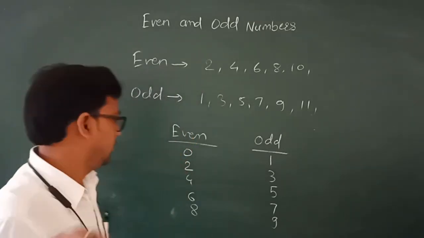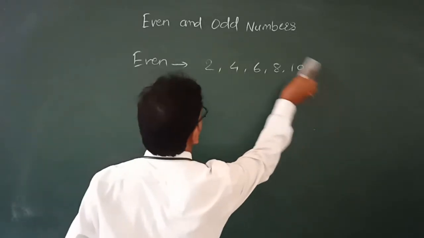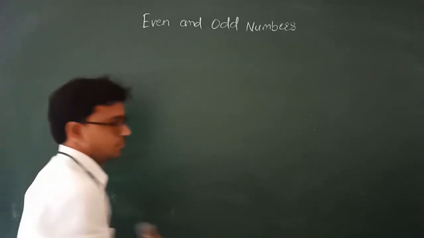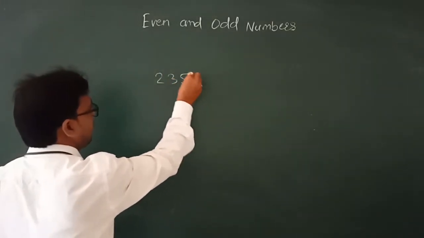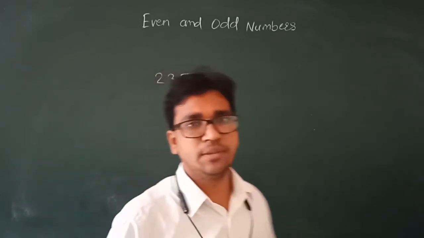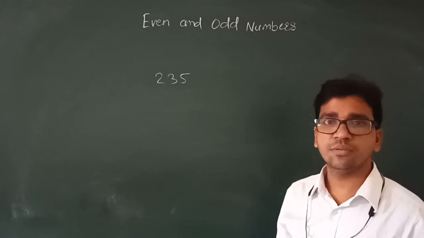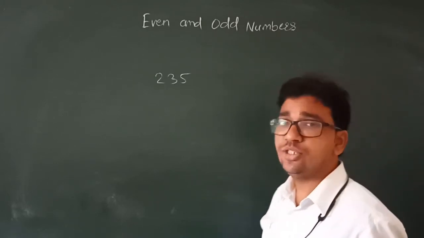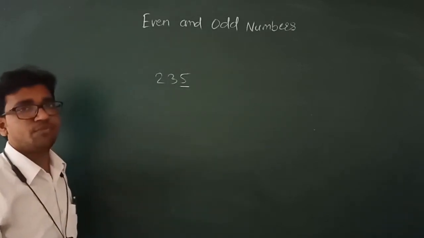Okay, so take some examples. This is 235. ये इवन है या ऑड है, how to define it is even or odd, आप बताओ। Yes, it is odd. Why? Because at the ones place there is a 5.